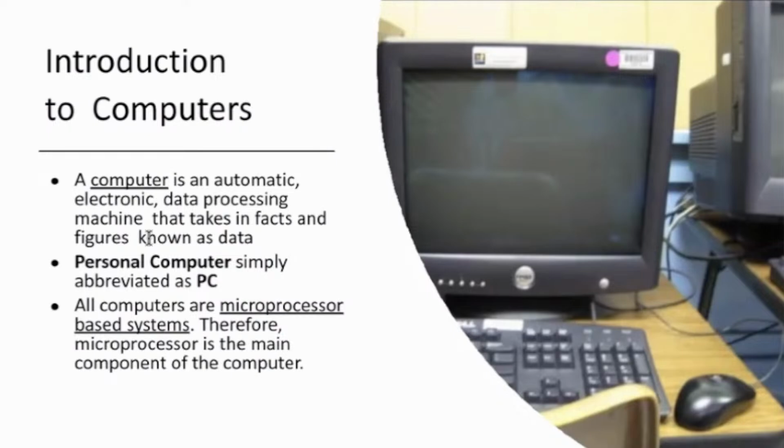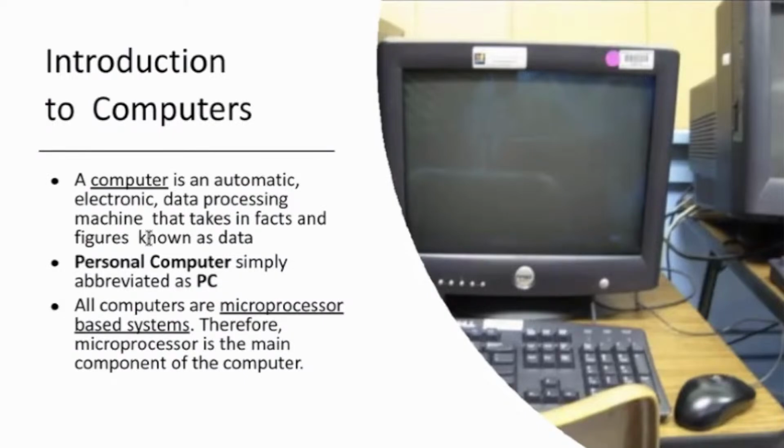Likewise, you can do many kinds of work according to our microprocessor. We have generation, then microprocessor version, then VGA. We have to focus on those features when we are going to buy a new PC or laptop. The main processor is the main thing we have to focus on because it's the main component of the PC or laptop or any kind of computer.